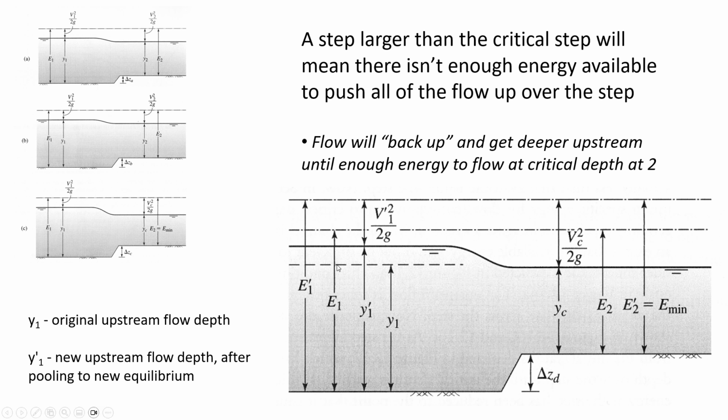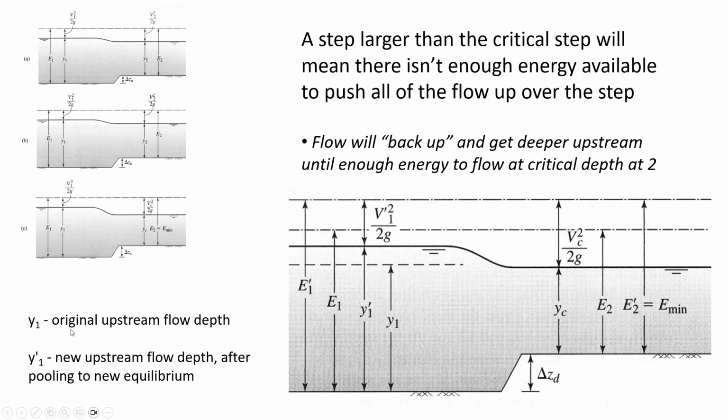So this original depth, Y1, it wasn't deep enough. There's not enough energy there. So what the water does is the water accumulates behind the obstacle a little bit. Like the water gets deeper and deeper. And so what is that effectively doing? When Y'1 is the new depth, that means that there's now more specific energy at 1. So it gets deeper upstream of the obstruction until energy accumulates that is sufficient to push the water over the obstacle.